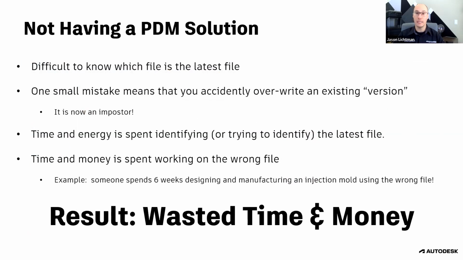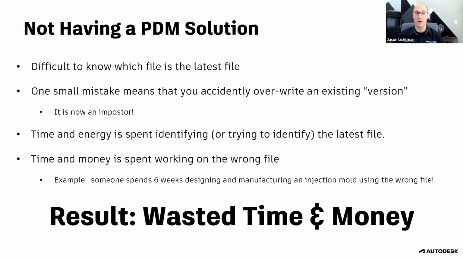So when you don't have a PDM solution in place, it's difficult to know which file is the latest file, even if you're organized. Also keep in mind that one small mistake means that you can accidentally overwrite a previous file, right? An existing version. And once you've done that, the file that represents maybe version 5 is really an imposter, right? It's the wrong name at that point. It's really some other version.